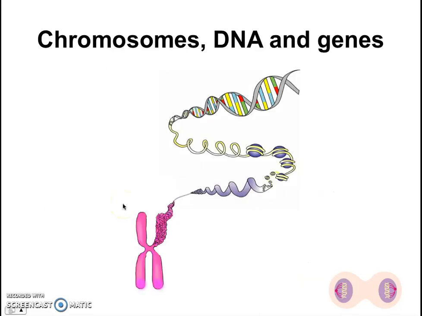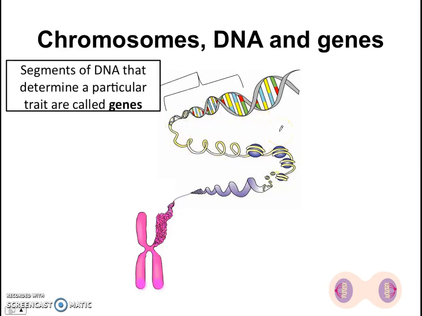Here's another diagram to help us to understand the difference between chromosomes, DNA, and genes. And we're going to go from the smallest level to the bigger structures. At the smallest level, here is our DNA molecule. It's a very long molecule. And segments of this DNA molecule are called genes.